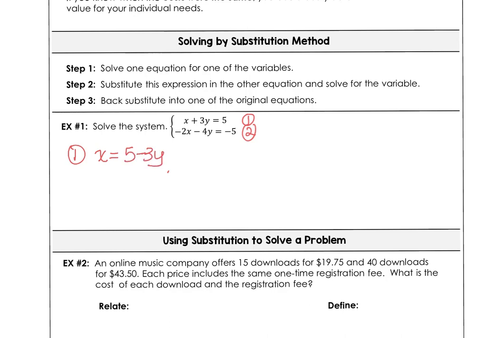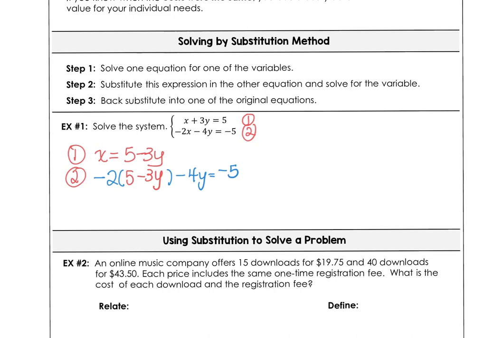By doing that, I can take equation 1 and substitute that expression into equation 2. In equation 2, we have negative 2 times x minus 4y equals negative 5. So we take this name for x, which is 5 minus 3y, and substitute it into the place for x in equation 2.